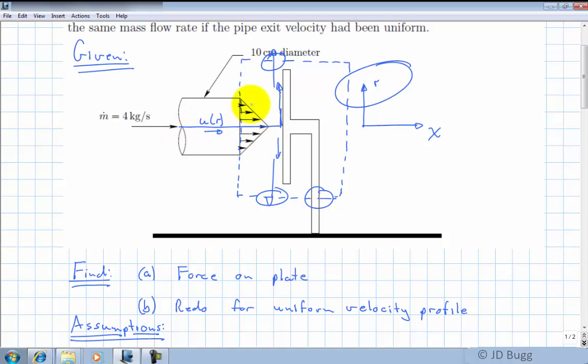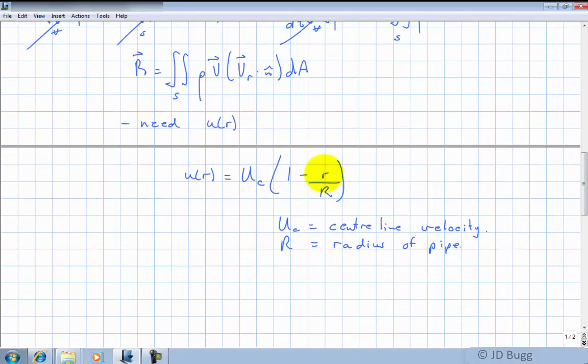So if we take a look at the equation we've got, if we let r be the radius of the pipe, it should give us 0 velocity. So let's see if it does. Let r be the radius of the pipe, that becomes 1. 1 minus 1 is 0. So the velocity goes to 0 when r equals the radius of the pipe.